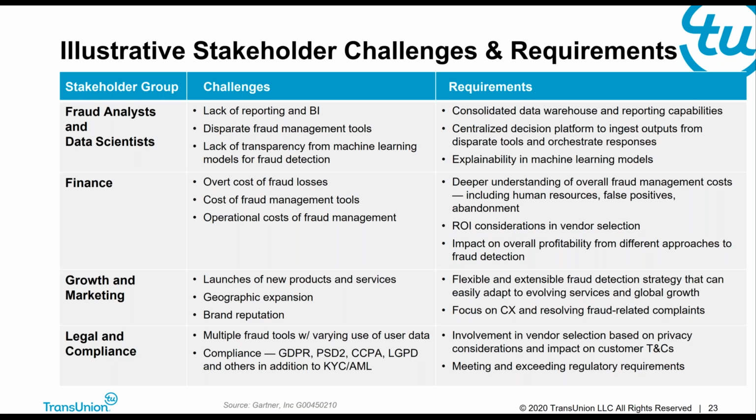They're looking at how they can centralize decision platforms, ingest data, and get to better decisions. In finance, they're looking at the overt cost of fraud losses and cost of fraud management tools. And so that's an area where it's really important to be able to demonstrate the ROI of fraud programs to the larger business, so that fraud doesn't become a silo or an island in and of itself.